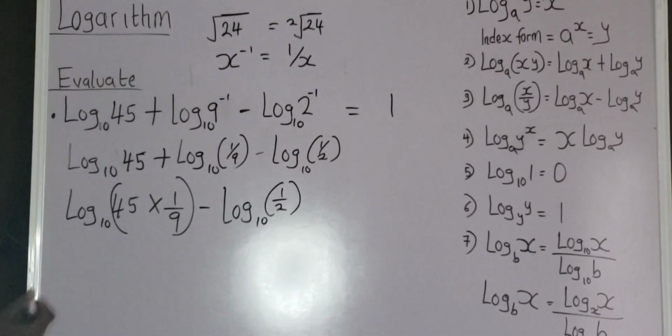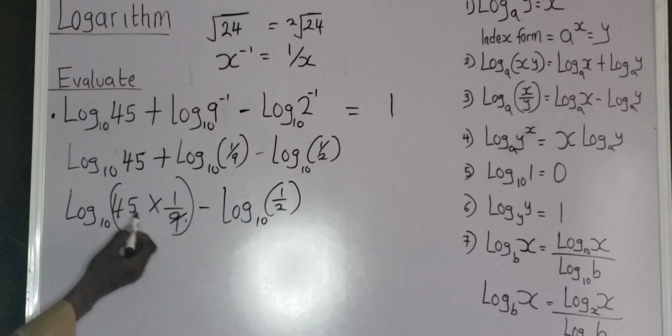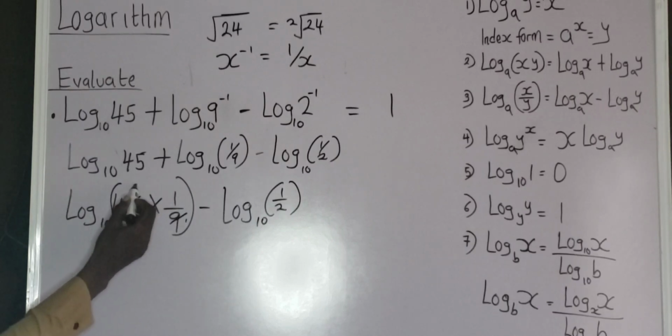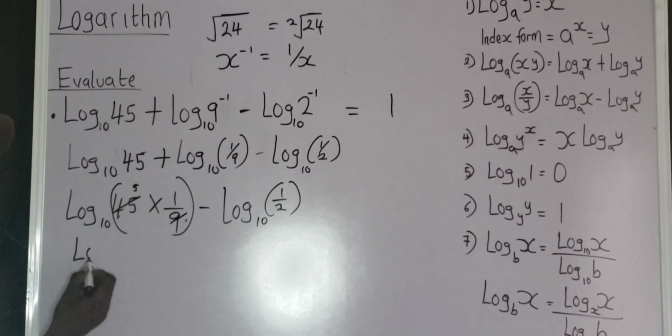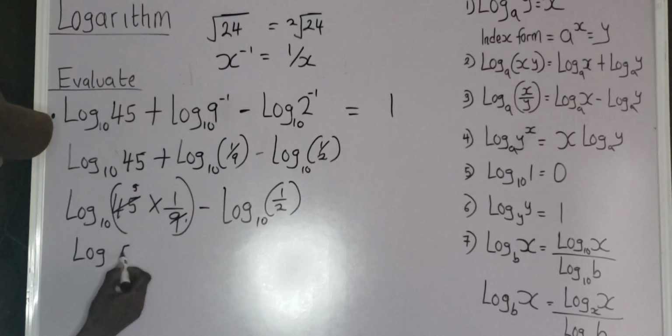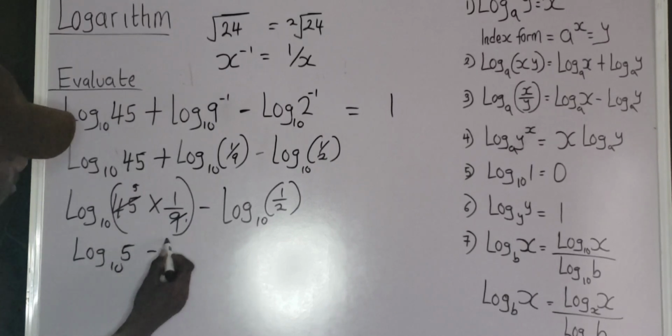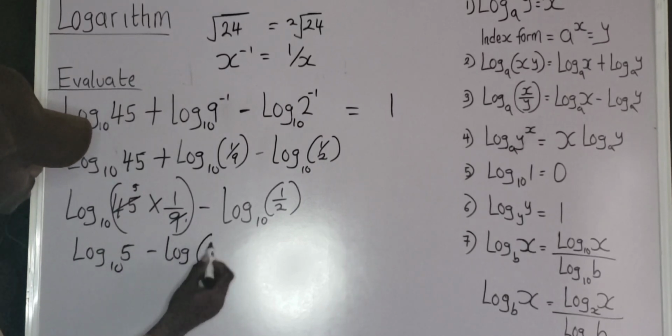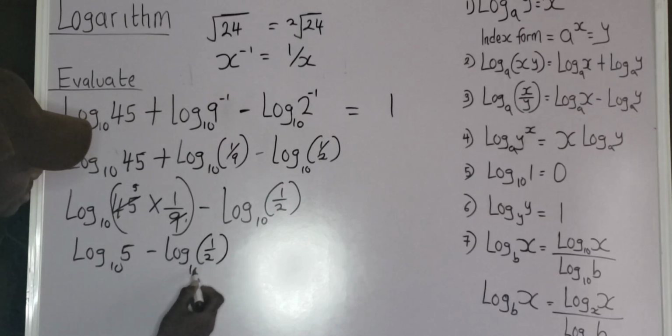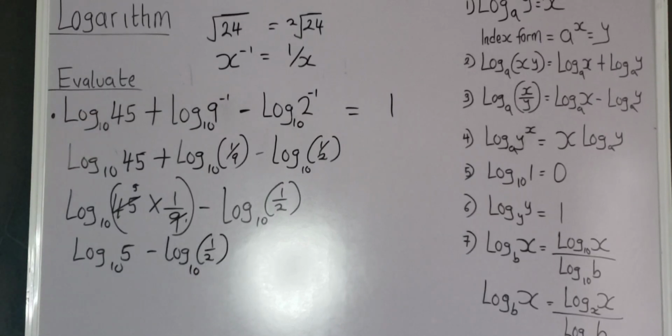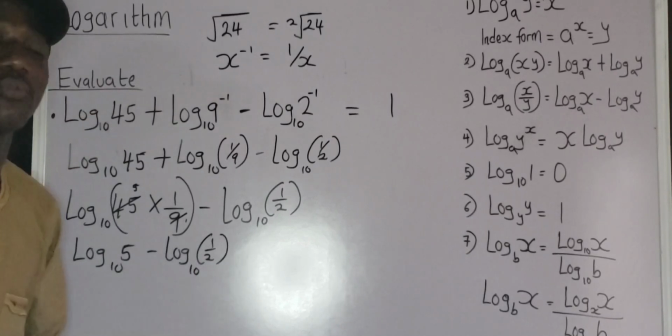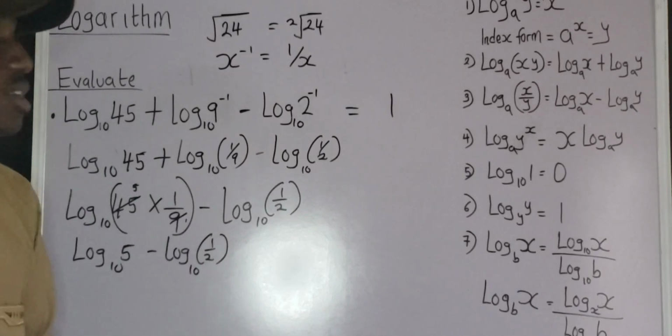Do you understand? So for this, 9 into 45, I'm going to have 5. So for this, I'm going to have log 5 base 10 minus log 1 over 2 base 10. Do you understand? So according to another law of logarithm, the quotient of logs is the difference of the logs.